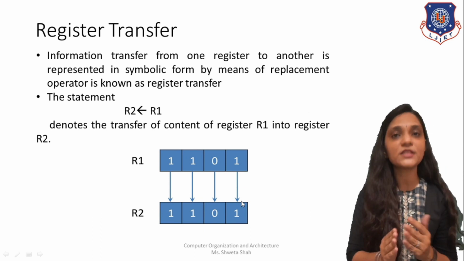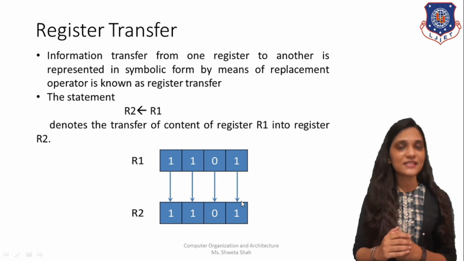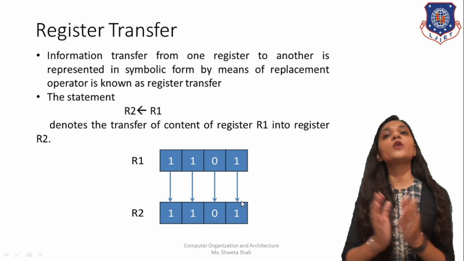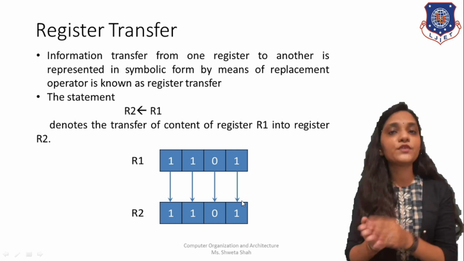It will not be changed, but the content of register R2 is going to be changed. So this is the transfer micro operation of transferring the content from register R1 to R2. But here we do not use any condition. We have simply told to transfer the content of register R1 to R2.